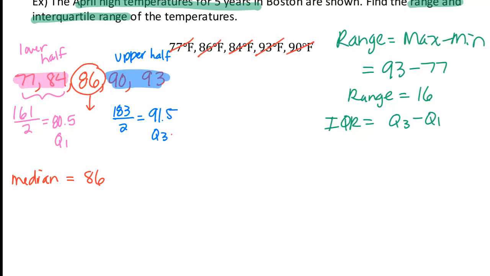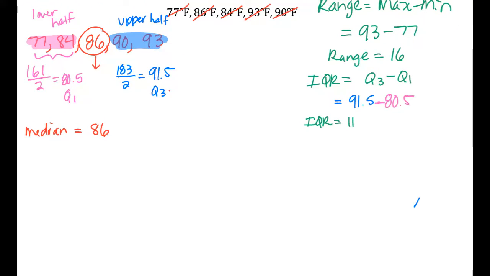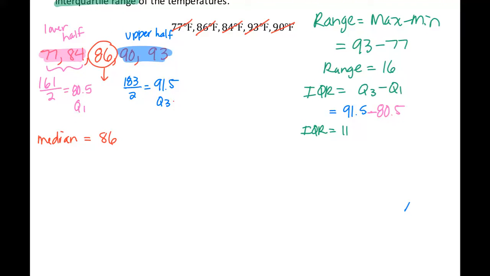So now I can calculate the IQR. I'm going to take 91.5 minus my 80.5. And that'll give us the IQR. I heard somebody say 11. Okay. And then don't forget you have to write it in context.